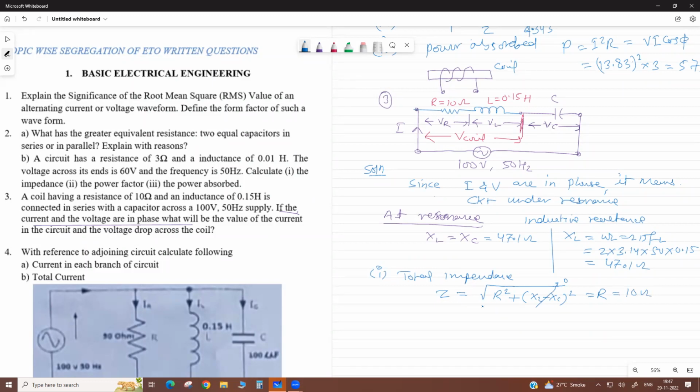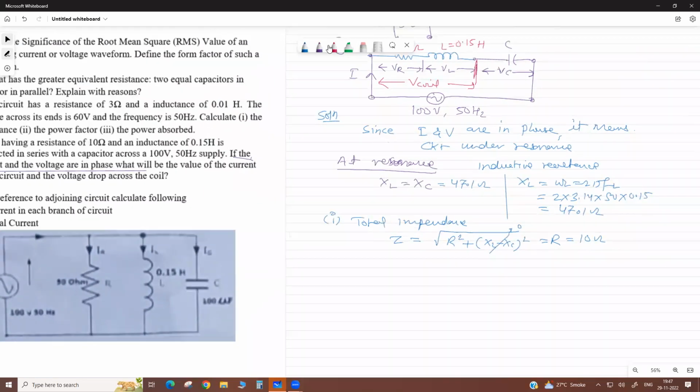So your circuit impedance will be 10 ohm, since this is a resonance condition. If voltage and current are in phase, it means the circuit is at unity power factor. This condition will tell you it is a resonance condition. So this is the total impedance.